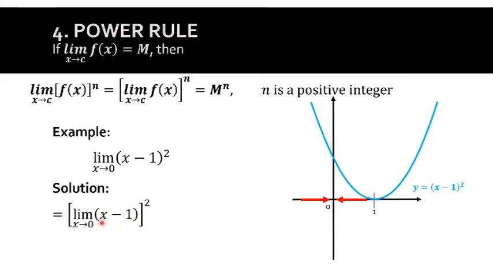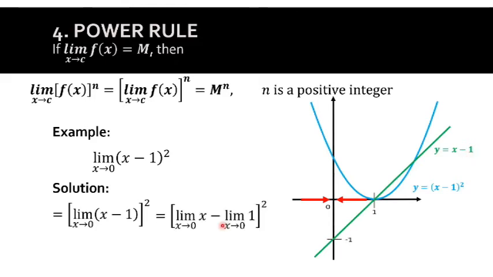Okay, so we can now evaluate the limit of the function inside the power, which is the function y is equal to x minus 1. Using also the difference rule again, it's the limit of the identity function as x approaches 0 minus the limit of the constant function 1 as x approaches 0.